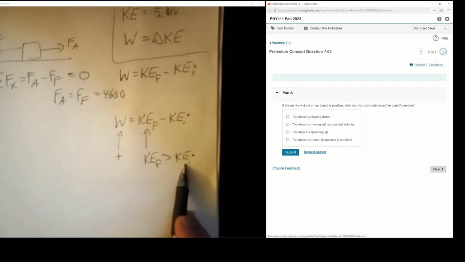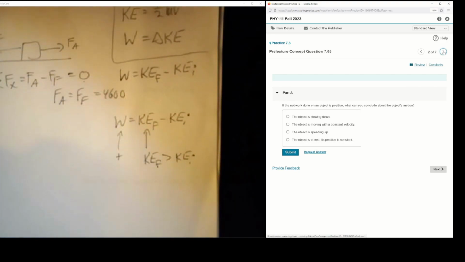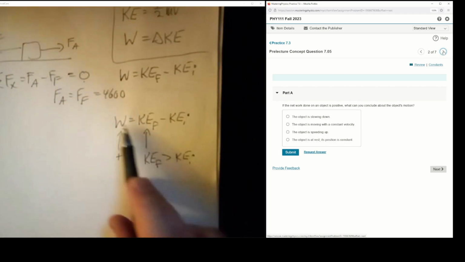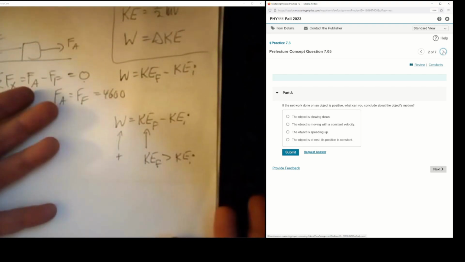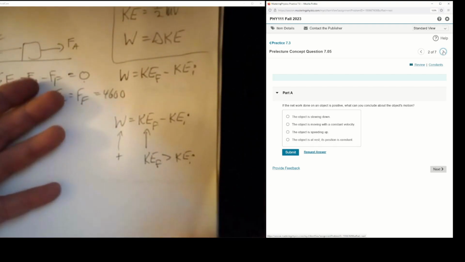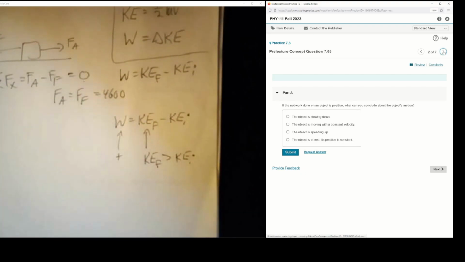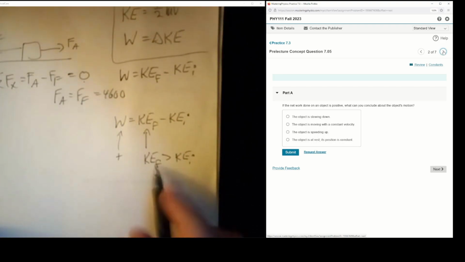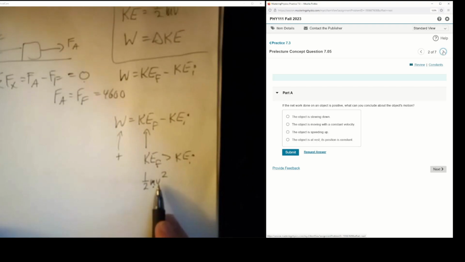Because if kinetic energy initial was larger, then we subtract off that larger number, and work would be negative. So if work is positive, that means we're adding energy to the system. We're giving this system energy. And if we're giving it energy, then the kinetic energy must be increasing, must be larger than the initial kinetic energy. So overall, since kinetic energy is 1 half mv squared and the mass is constant, the velocity must be getting larger.